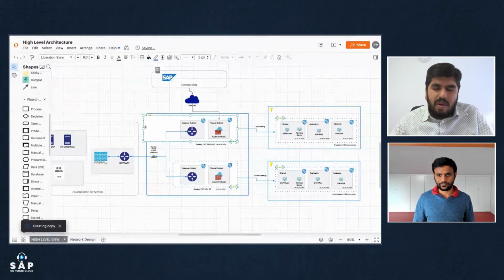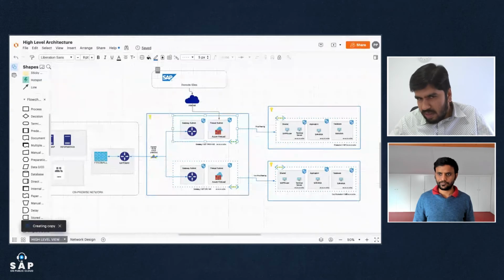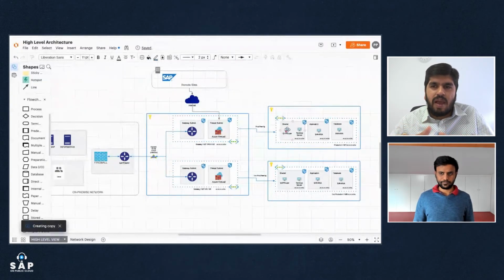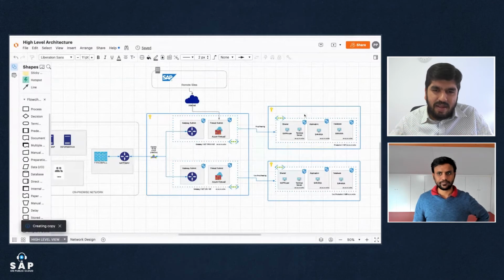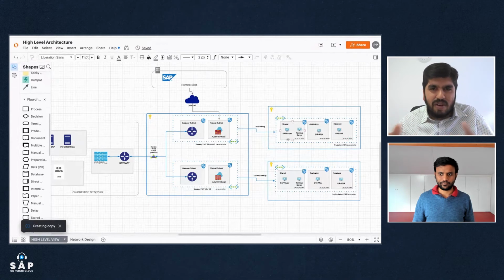But some customers would like to have the central VNet only for security controls, not for any application related things like the SAP router. Then you need to have the SAP router in your SAP Spoke VNet, as a DMZ subnet within your SAP Spoke VNet, right?